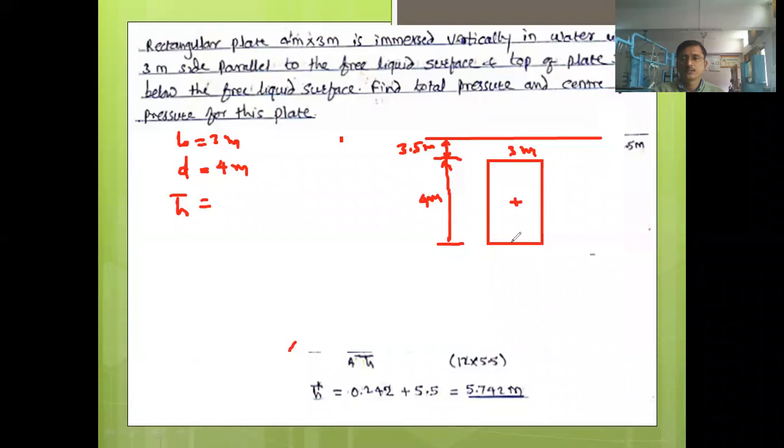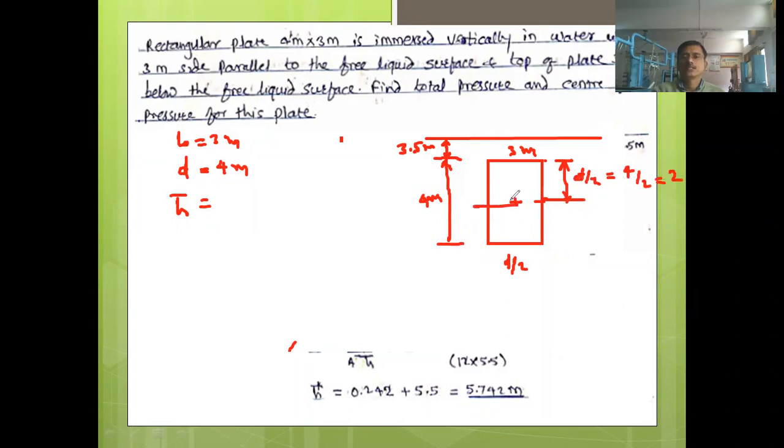So we have seen their formula. Where is the CG from the base? It is d by 2 from the base. So from the top also it will be d by 2. What is d? Here, d is nothing but 4. 4 by 2 will become 2.